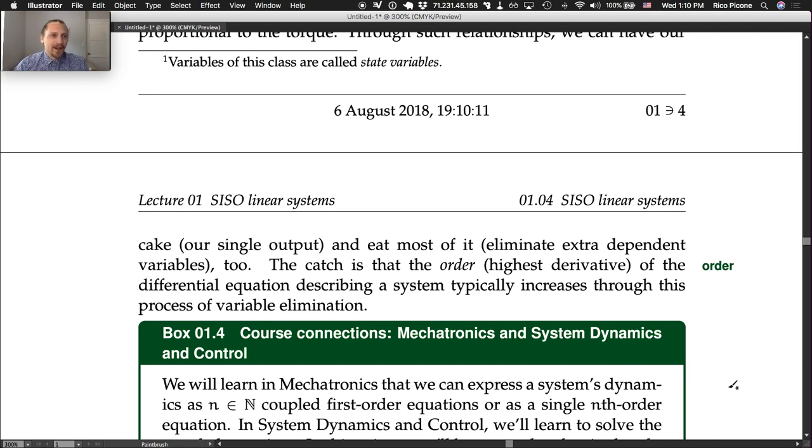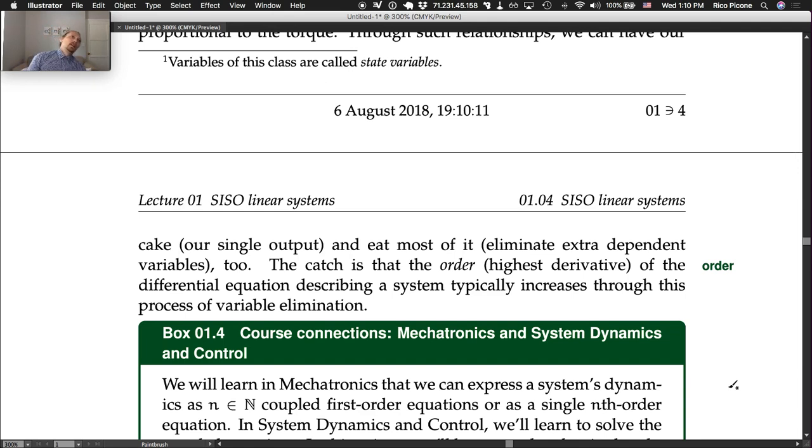Don't worry, it's not like I'm assuming you know how to rewrite this. I'm just telling you that you can do it. The catch is that the order, which is the highest derivative of the differential equation, we call the order of the differential equation. So the highest derivative describing a system typically increases through this process of variable elimination.